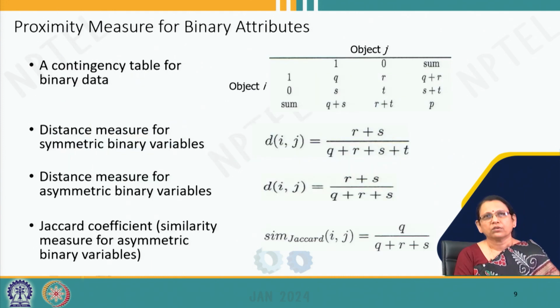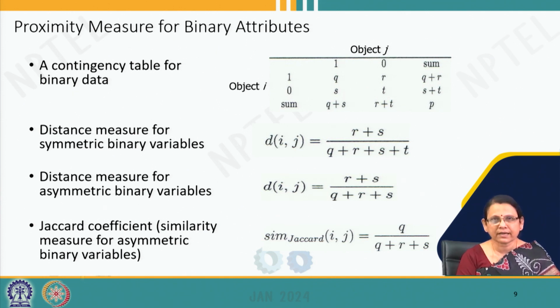Now, come to the binary attributes, which is a special type of nominal attribute only. In case of binary attributes, we will be distinguishing 2 types. In fact, I have already told you in one of the earlier lectures, if you remember, that a binary attribute is of 2 types, either symmetric or asymmetric.